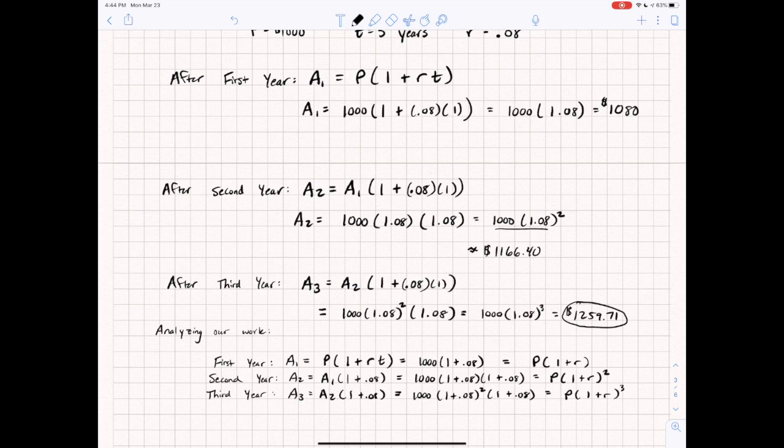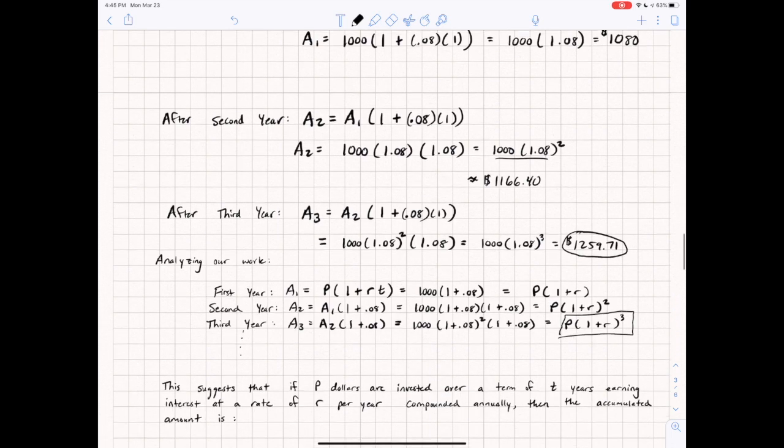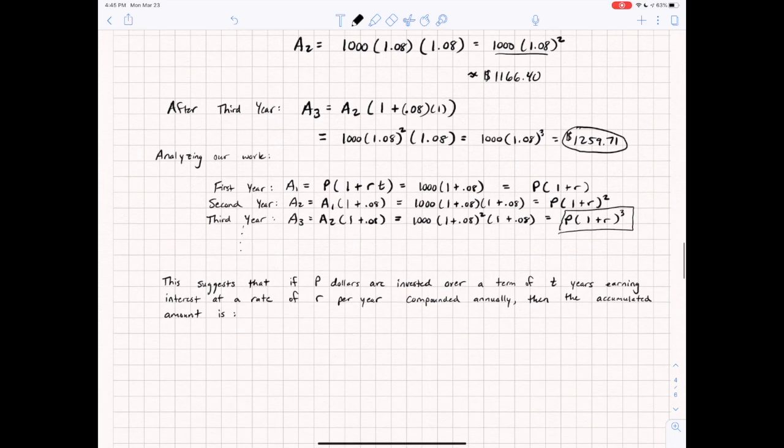In other words, if I wanted to continue doing this, I am essentially finding a general pattern, and it suggests that for t years, the accumulated amount would be P times 1 plus R to the t. And so this would be my compound interest, specifically if I was going to compound it annually.